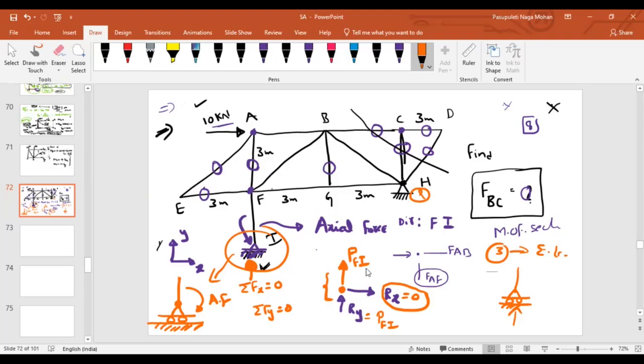Instead, to confuse you, I just gave the pin support like this, such that even though just by the nature of the support it looks like four unknown reactions are developing, by the mechanism or by the arrangement of the members only, vertical force will exist at the support I. Horizontal reaction will not develop because of the orientation of the member Fy.